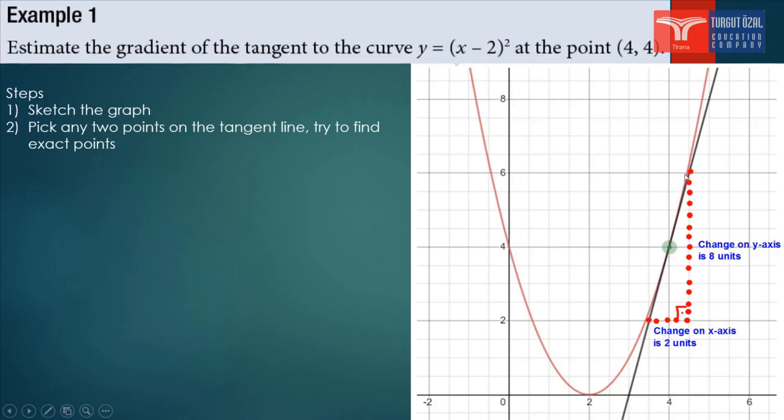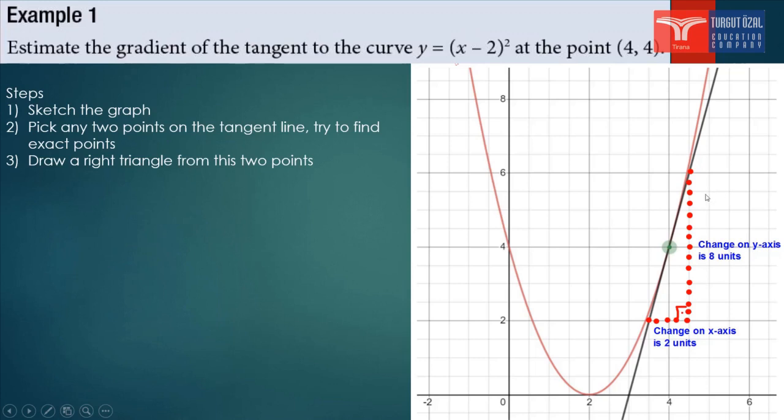After that, I draw a right triangle from the tangent line and the 2 points that I have taken, and I can count the squares to find the change in x, and on the other side to find the change in y.